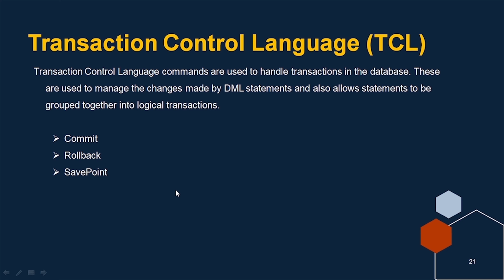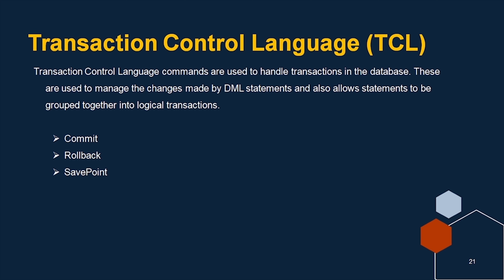Whenever we perform any DML operation against our table, the data is not saved automatically. If our session is closed due to some exception, the data will not be affected in our table. So whenever we do any DML operation, we need to follow up with TCL commands like commit and rollback.